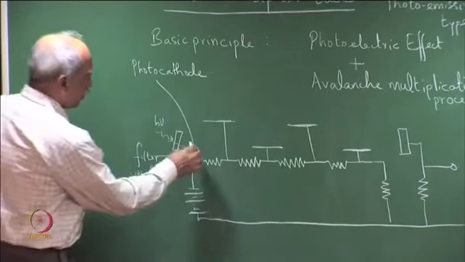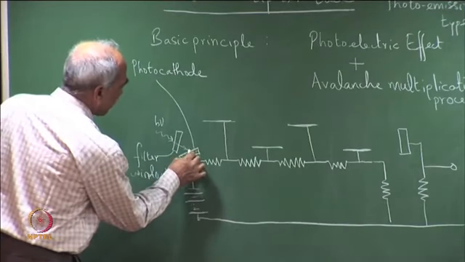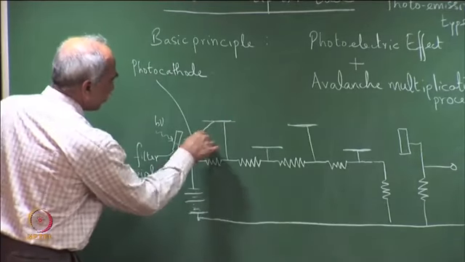The photocathode releases an electron, a photoelectron.